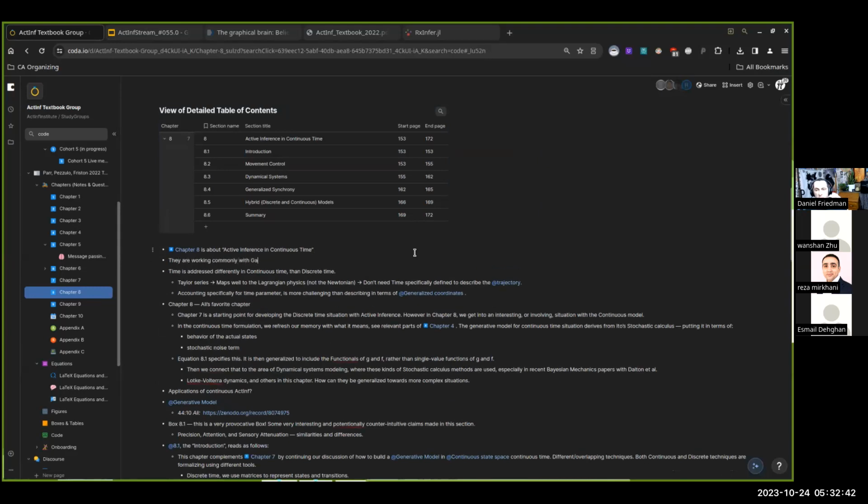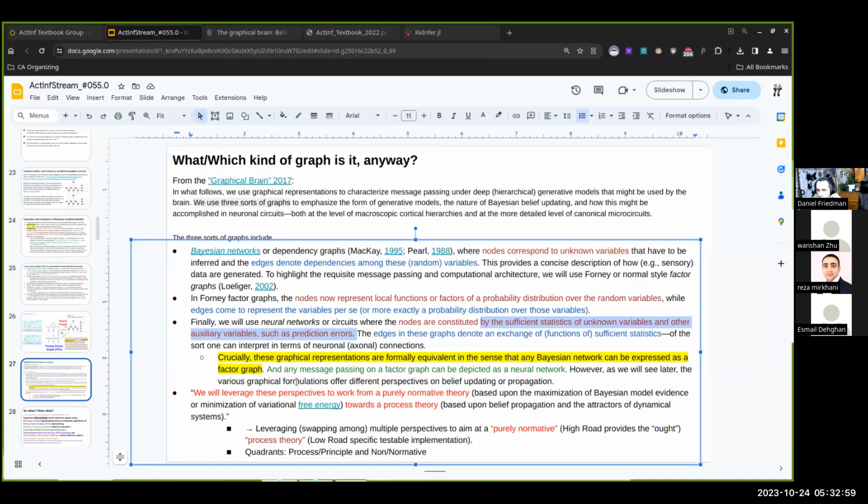Yeah, they're definitely commonly working with the Gaussian family. Although in the hierarchical Gaussian setting, the hierarchical Gaussian filter has high expressivity. So it's not like they can only model simple things.